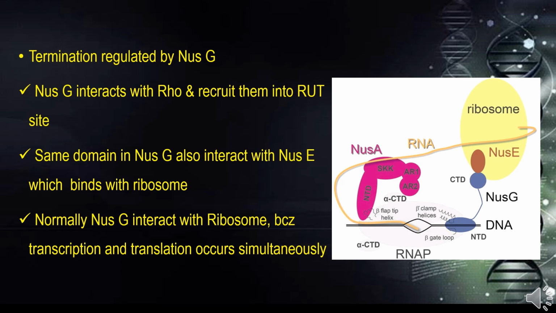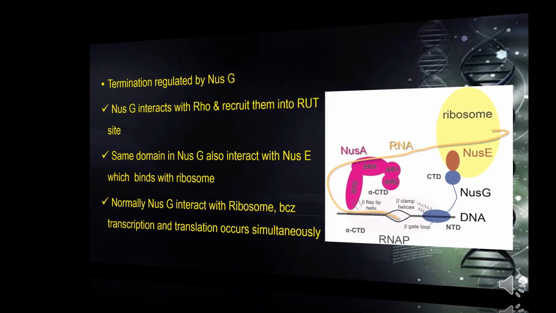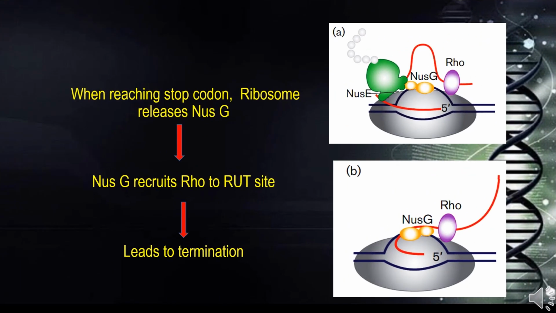Normally, NusG interacts with the ribosome because in the case of prokaryotes, transcription and translation occur simultaneously. When reaching the stop codon, the ribosome releases NusG protein. This NusG protein recruits rho factor to the RUT site. It leads to the termination.